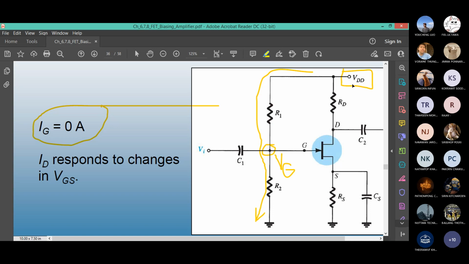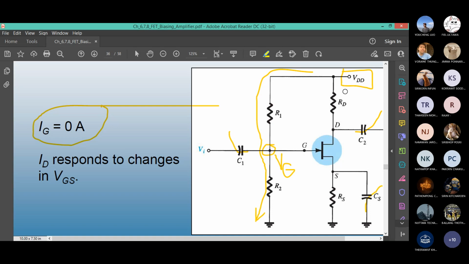So VG is VDD times R2, because VG is measured from the top of R2 to the ground, so we are measuring the R2 voltage. VG equals VDD times R2 divided by R1 plus R2. Also, we are doing DC analysis. The capacitor is open, so we don't have to worry about it now.